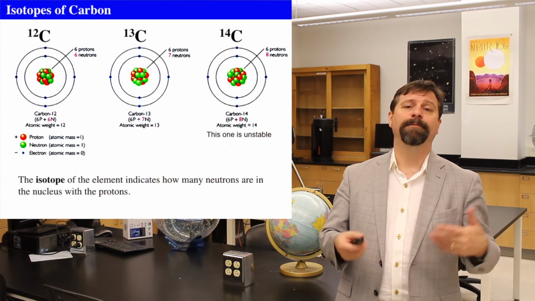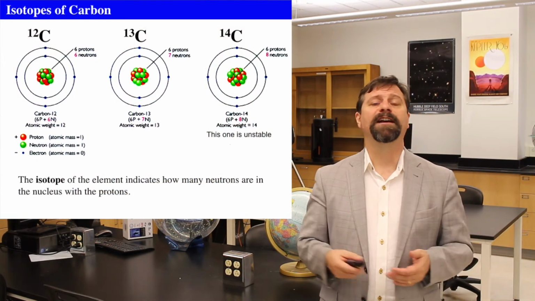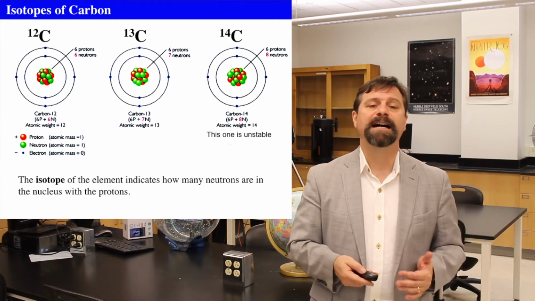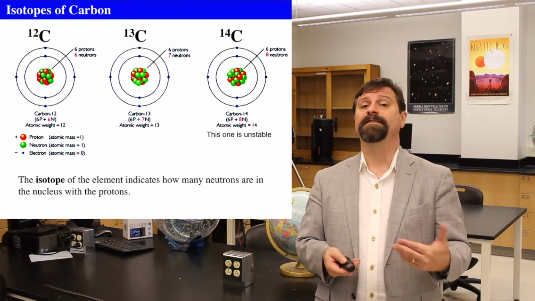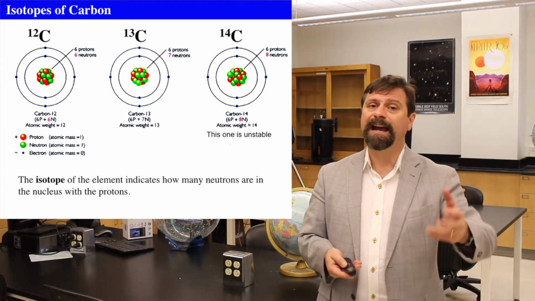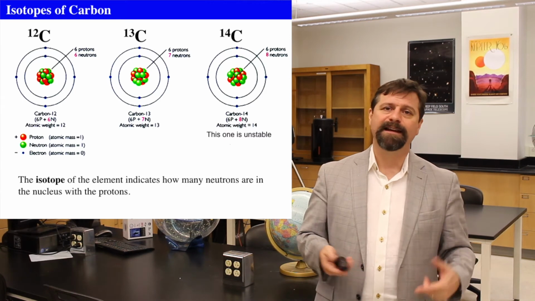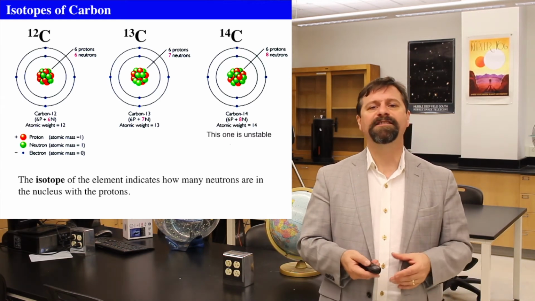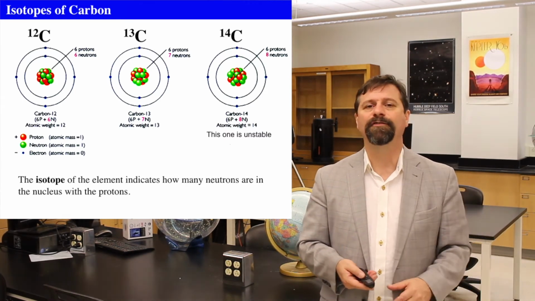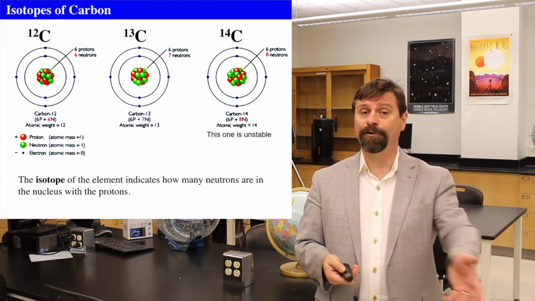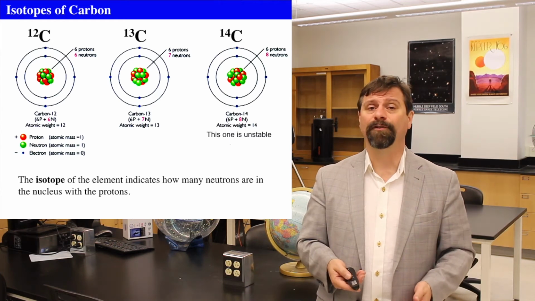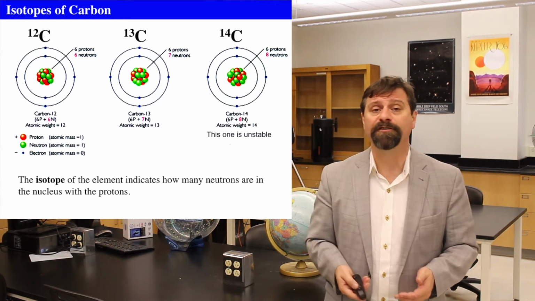If we look at something a little bigger, say carbon: carbon-12 has 6 neutrons and 6 protons, carbon-13 has 6 protons and 7 neutrons, carbon-14 has 6 protons and 8 neutrons. Once you get too many neutrons, it tends to fall apart. And if they have fewer neutrons than protons, they'll also fall apart.